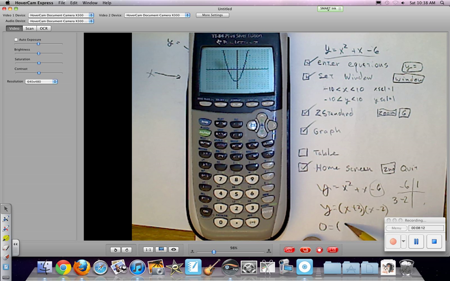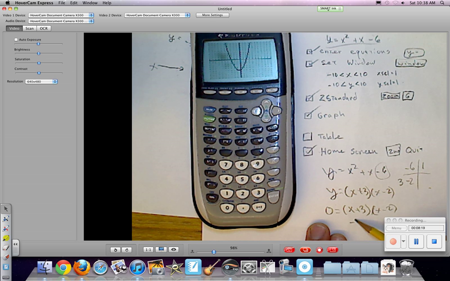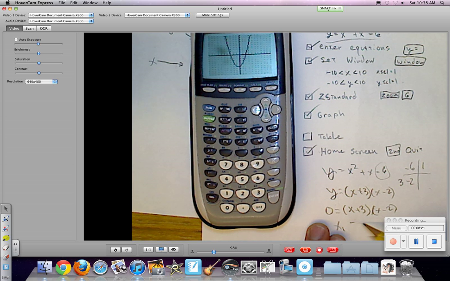Now, if we are finding solutions of this, in other words, where we had 0 equals x plus 3 and x minus 2, then you would notice that the solution for this one would be x equals -3, and this one would be x equals +2.